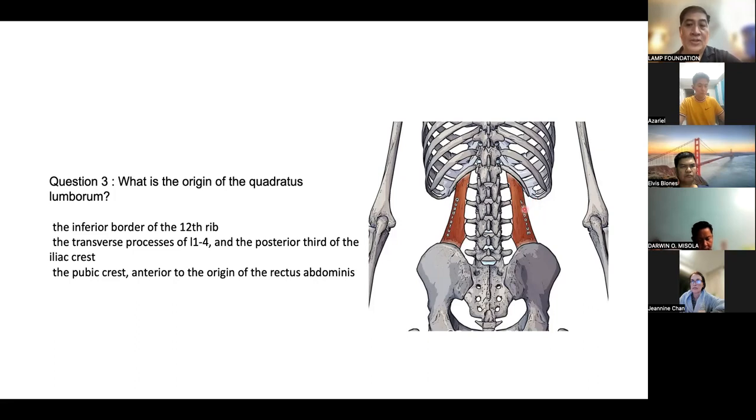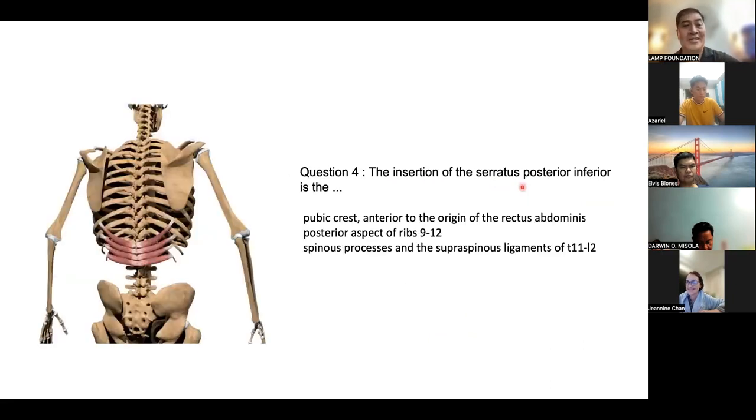Insertion of the serratus posterior inferior is? Posterior aspect of ribs 9 to 12. Origin of the serratus posterior superior is? C7 to T2.